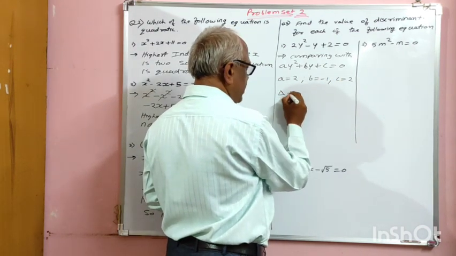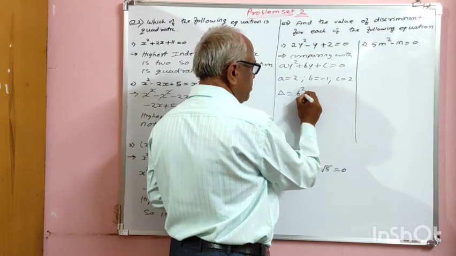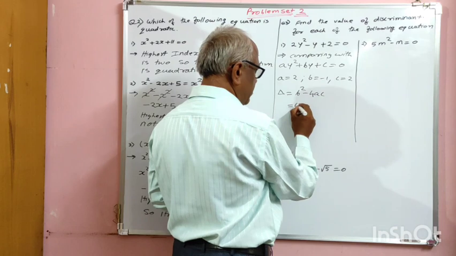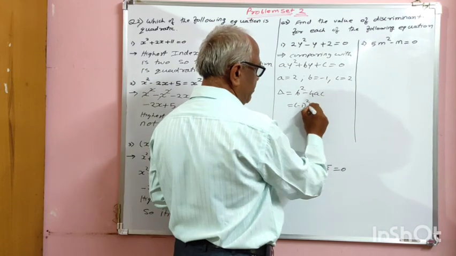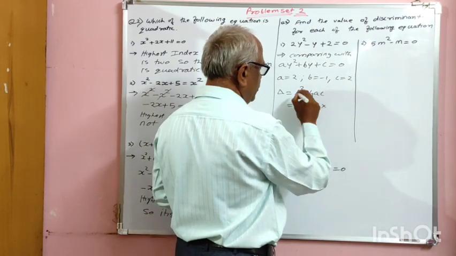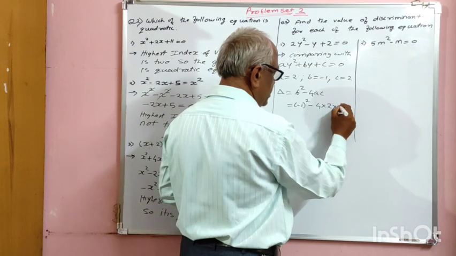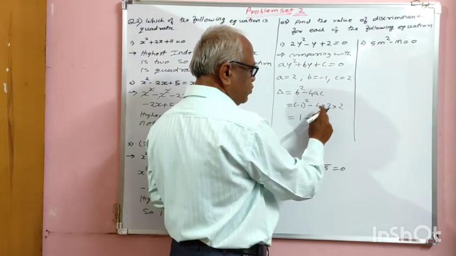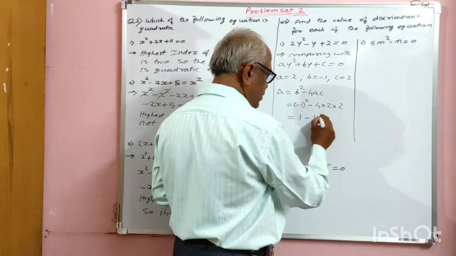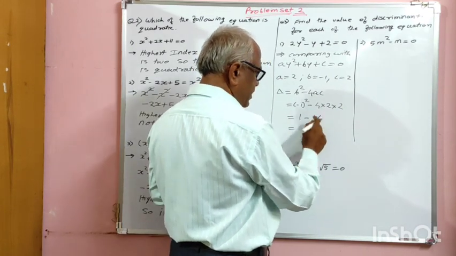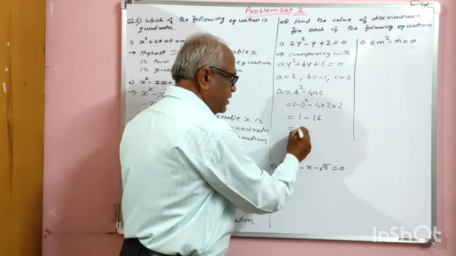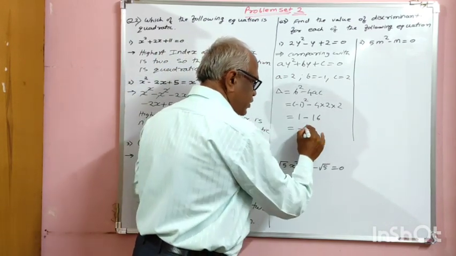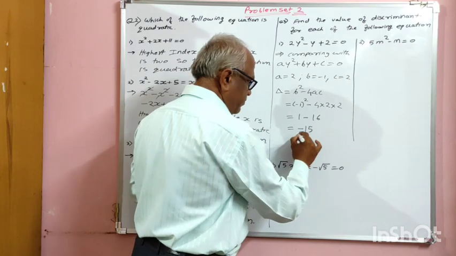Now the discriminant value delta is equal to b square minus 4ac, that is (minus 1) square minus 4 into 2 into 2. Minus 1 square is 1, minus 4 twos are 8, 8 twos are 16. 1 minus 16, subtract it but keep the greater number sign, that is minus sign. 16 minus 1 is 15.